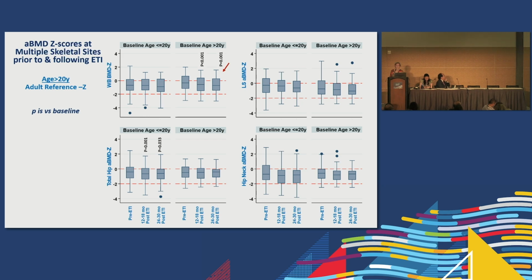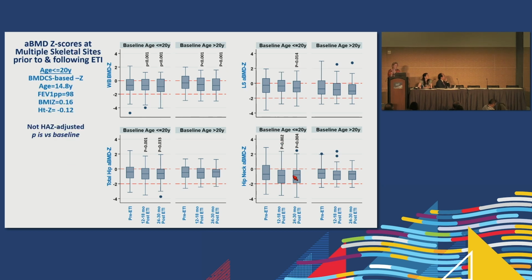It did not worsen. But we're not seeing any differences anywhere else. And I looked at a number of posters today, and I think they also showed that, at least in adults, we're not seeing a lot of change in DEXA bone density following ETI therapy.